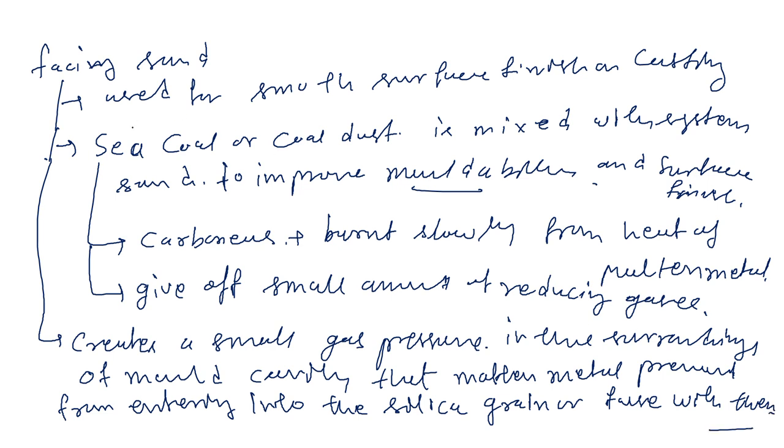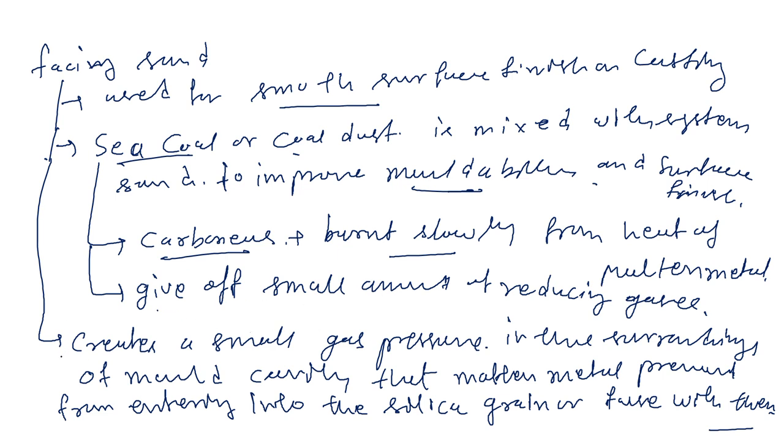So what is the purpose of facing sands? Facing sand is used for a smoother surface finish, and facing sands are coal dust or sea coal, mixed with the system sands to improve the moldability and surface finish. Sea coal is a carbonaceous material which burns very slowly from the heat of the molten metal, and it also gives a small amount of reducing gases.